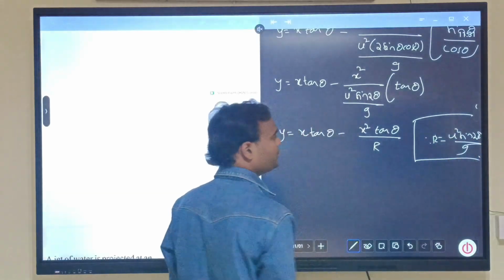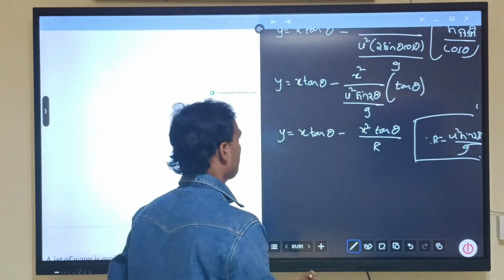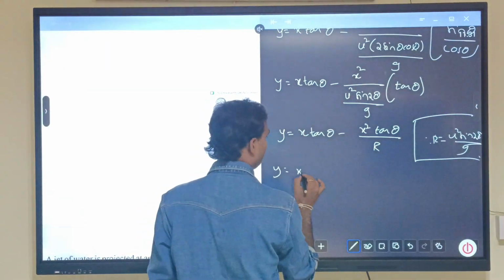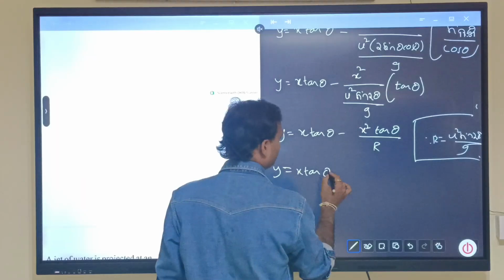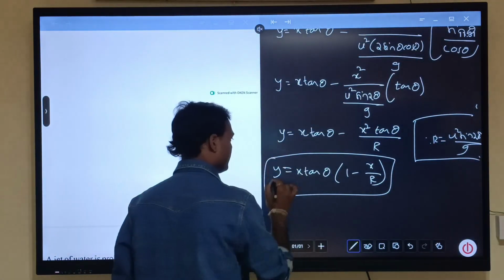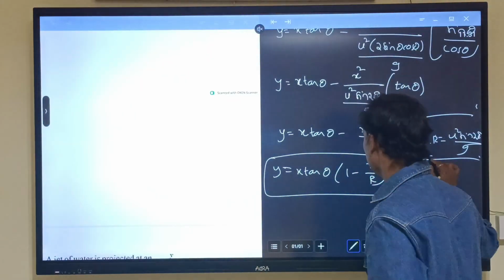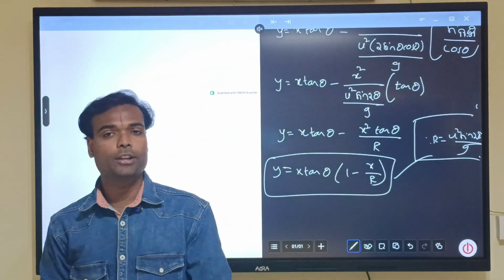This is range value which we have seen in our previous class, right? Now I am taking x tan theta as a common, that will be x by R. And for numericals, for solving problems in your entrance examinations, this formula will help you a lot.